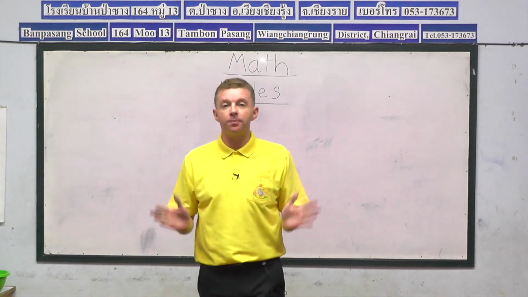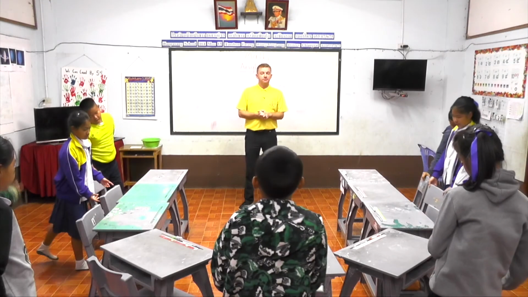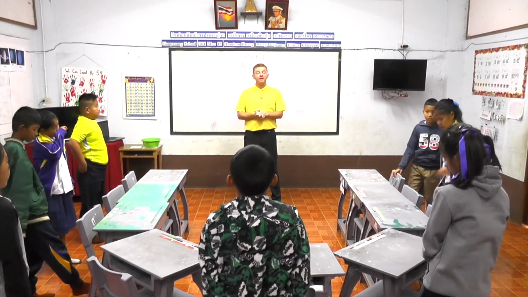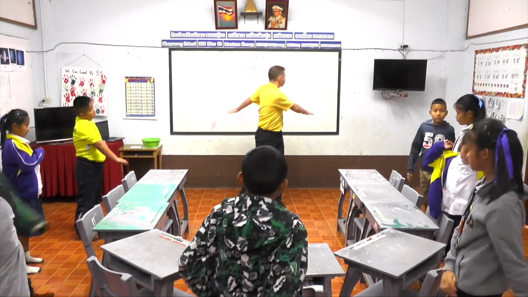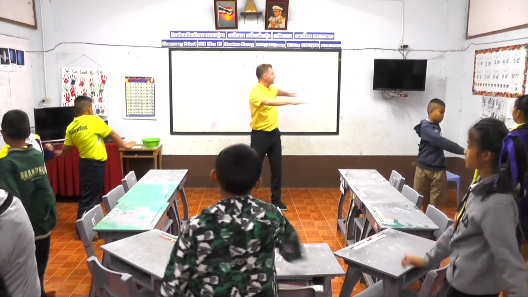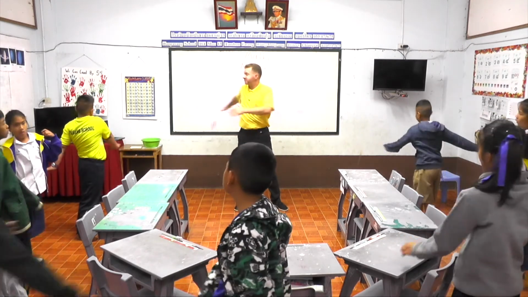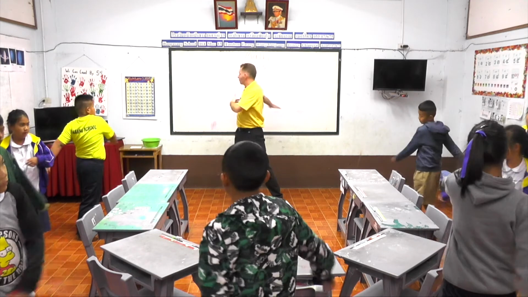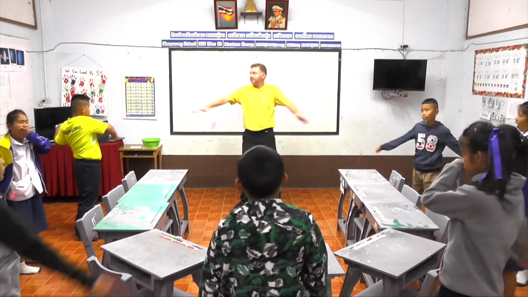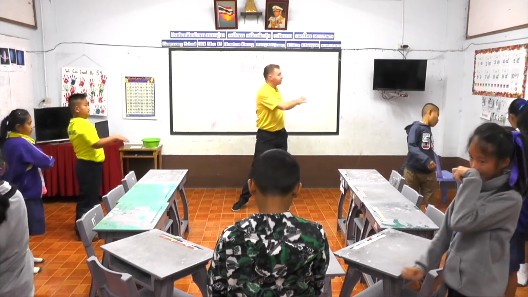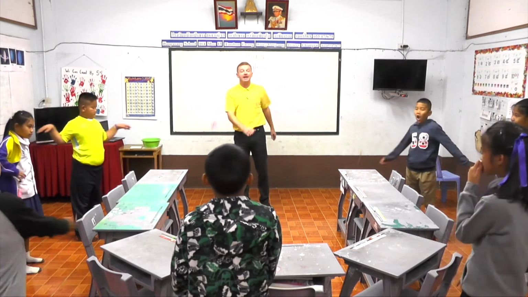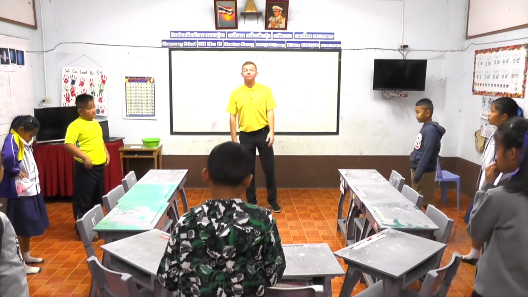So let's stand up and push in our chairs. And we can begin by doing some rotations. We'll go left, right, left, right, left, right, left, right, left, right. Excellent, guys. Now we'll do some stretches.